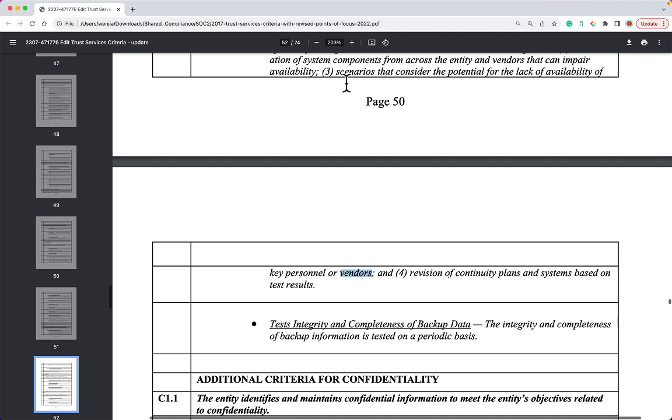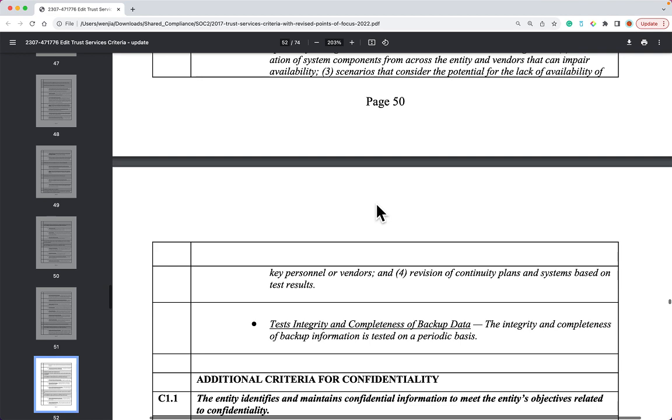So this is one of the tests. And the fourth, revision of the continuity plan and system based on test results. So after you have done 1, 2, 3, you need to do some revision.